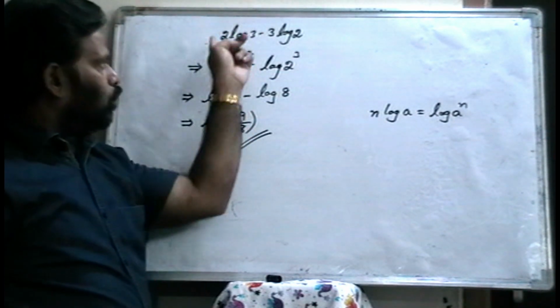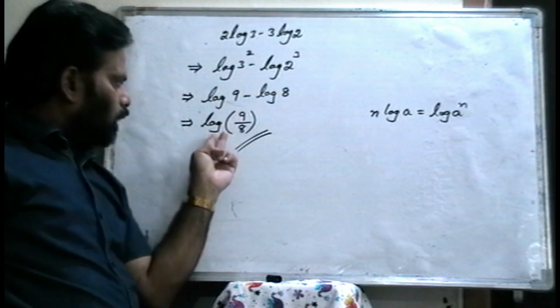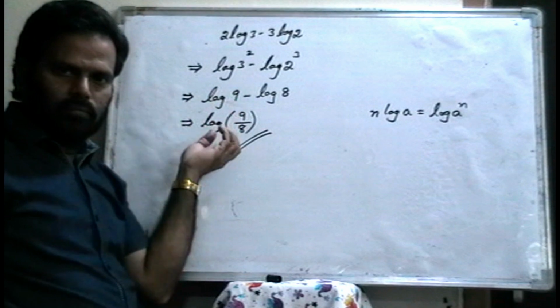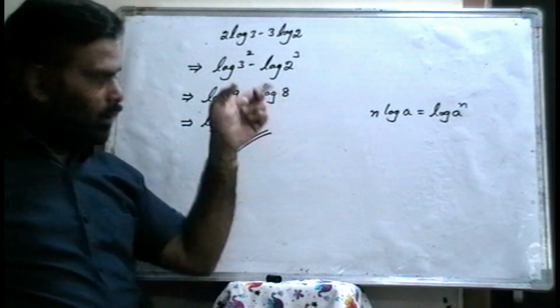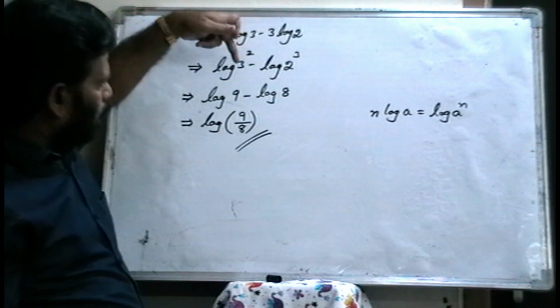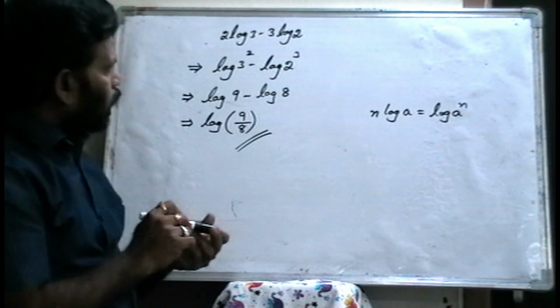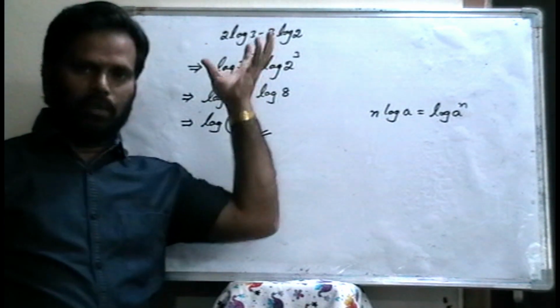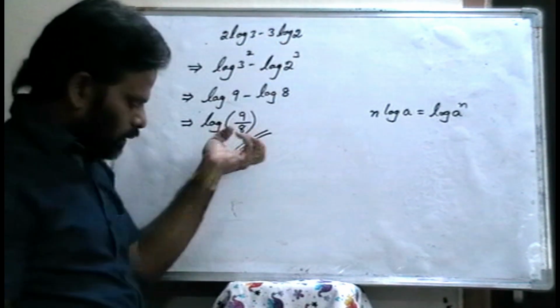Actually it is given that 2 log 3 minus 3 log 2, multi-logs. Now we can express as a single logarithm. Again here also the same formulas: log ab, log a plus log b, or log a by b, log a minus log b, and n log a to the power of n. So the same formulas are used, but the condition is minimizing. The last two examples are expansion. Now it is minimizing, right?